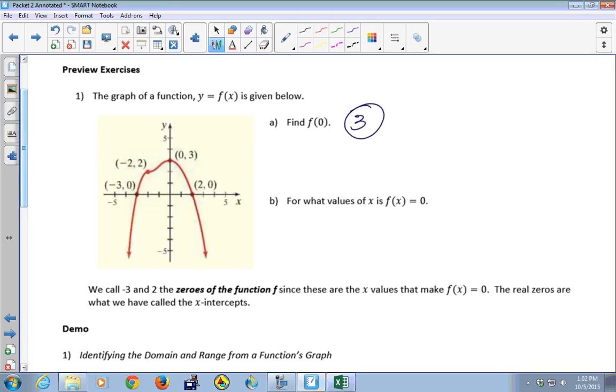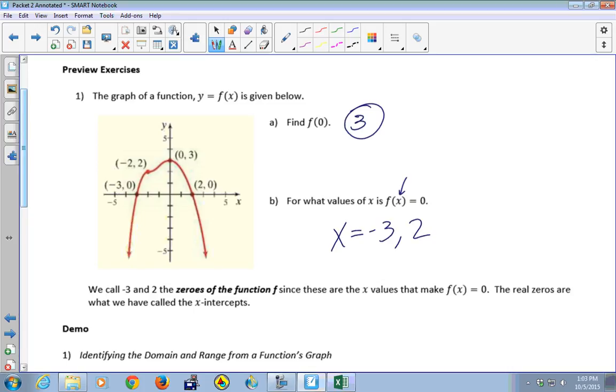And then I want to know for what values of x does f of x equal 0? So now I'm asking you for the x, which means that the 0 that I gave you has to be y. So you're looking for y coordinates of 0 and the corresponding x coordinates. -3 and 2.